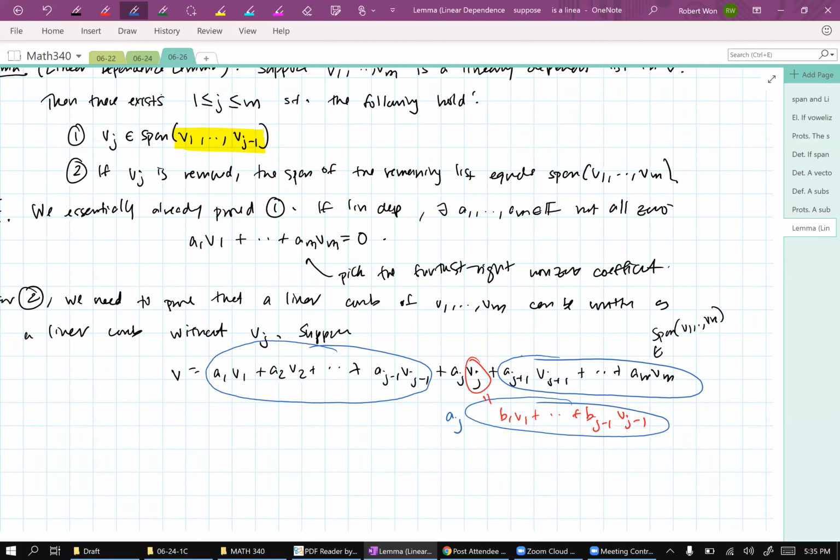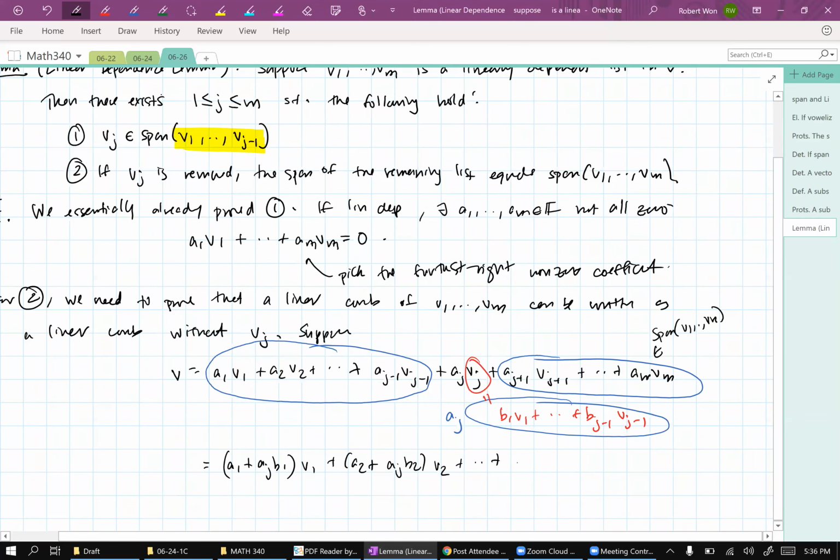And now you've written it as a linear combination of the vectors v1 up through vm, but you haven't used vj. So in the end, what you'll get is a1 plus ajb1 times v1, plus a2 plus ajb2 times v2, plus up through aj minus 1 plus aj bj minus 1 times vj minus 1, and then just the remainder of the list.